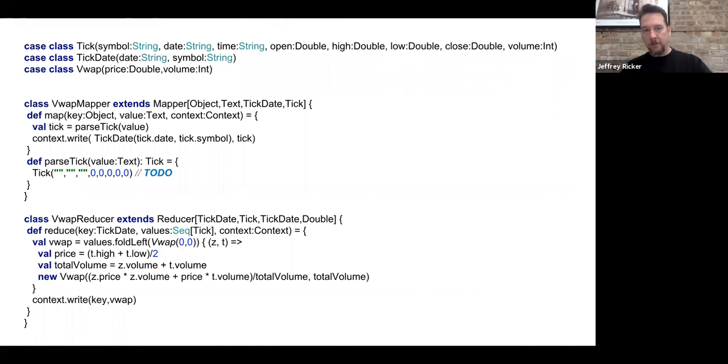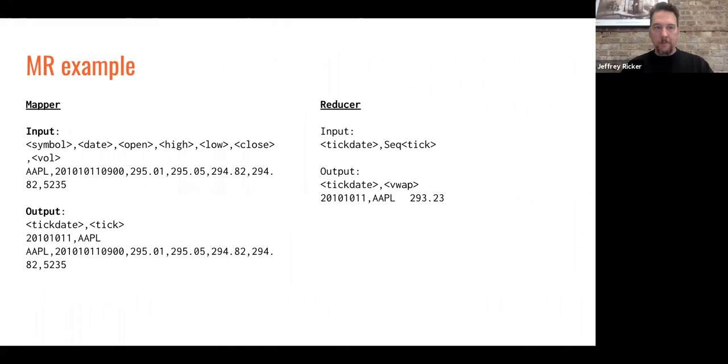So I'm writing out a tick date and a tick. So just to jump forward real quick, for the mapper, I'm getting a string, and I'm outputting two objects, a tick date and a tick object. I mean, sorry, yeah, case classes.